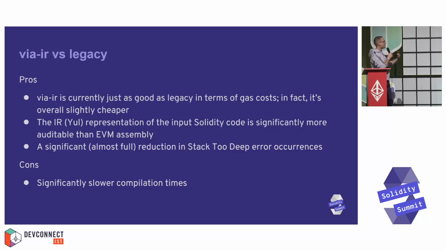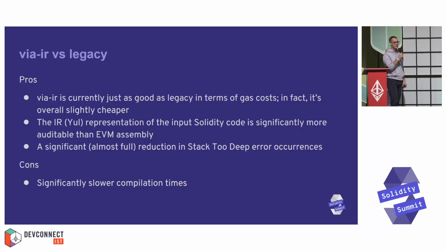One of the main reasons we haven't made it the default yet is ultimately because of the debug data that Nick talked about, because that's one of the prerequisites. We don't really want to make this the default and break absolutely everything without letting anyone have a chance to recover. But at the moment, the actual pipeline is pretty much just as good as legacy, actually slightly better in terms of gas costs.